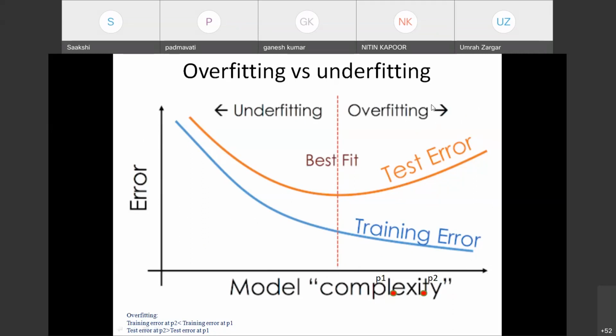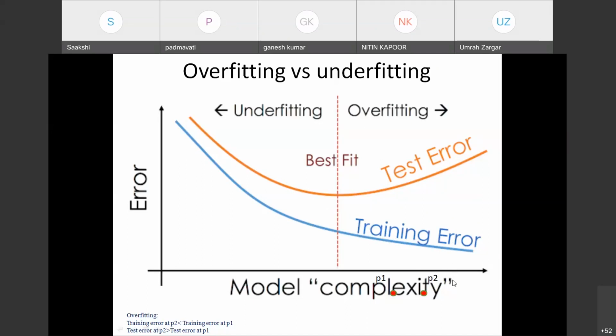In overfitting, what is the problem? We have seen that with each iteration, the training error is going to decrease, but the test error decreases to some extent and then starts to increase. For a given model, with each step, the training error as well as the testing error should reduce.